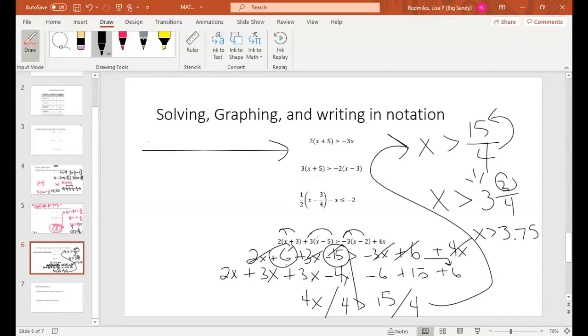So on a number line, start with 2, 3, 4, 5, and it does not equal 3.75. 3.75 is very close to 4, closer to 4 than it is to 3. So that is supposed to look like it's to the right of the middle. I guess I'll do it again just to make sure you see that.